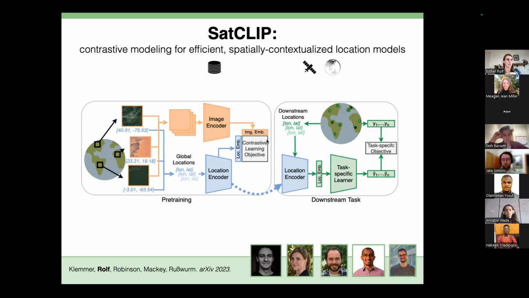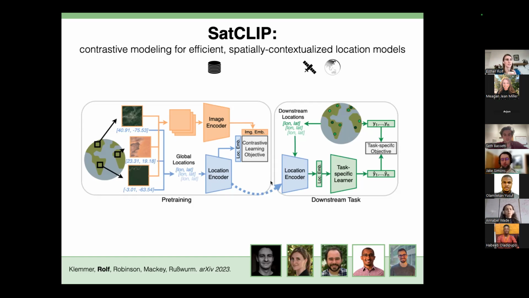The contrastive learning objective, the CLIP objective that we're using here, is borrowed from the CLIP paper on image and text contrastive learning. Now we're doing image and location contrastive learning, and saying the output of that function of latitude, longitude, the green function, and the output of the function that takes in the image of those places need to look similar when the image and the location are from the same place.